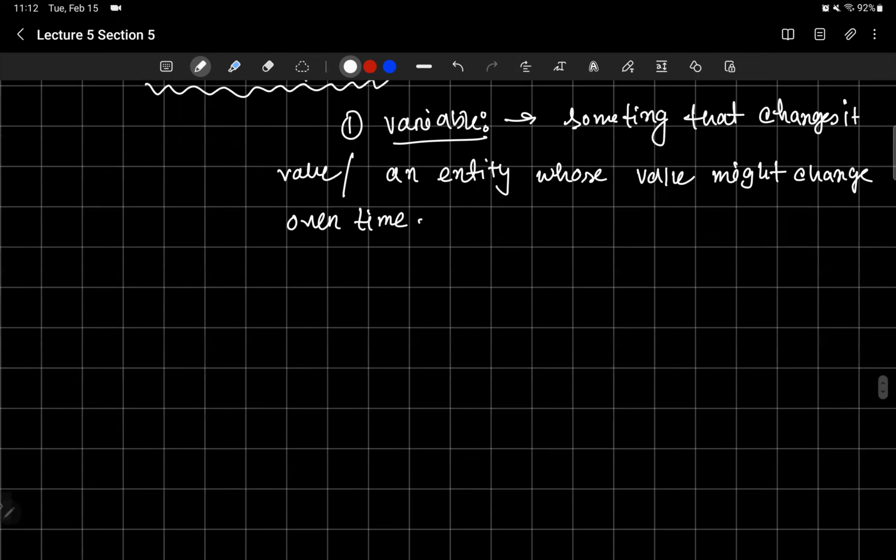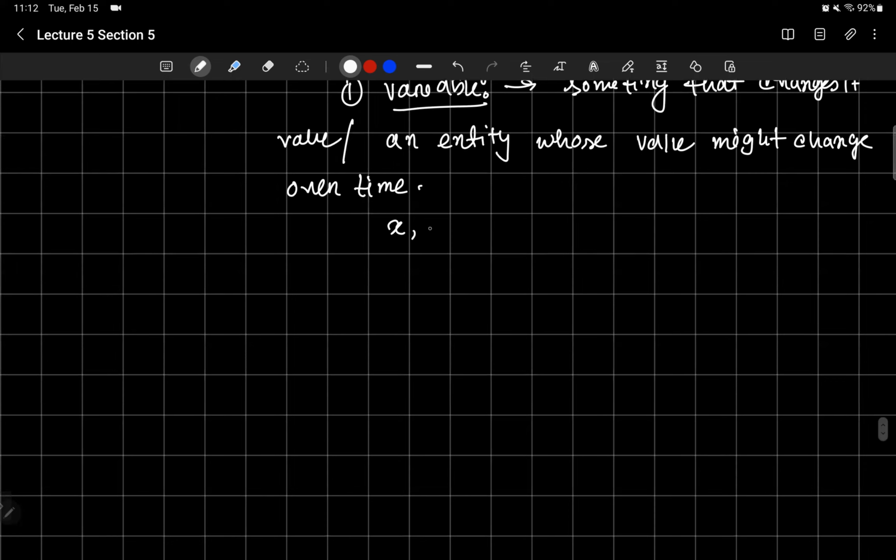And to denote the variables, we usually use symbols, let's say X, Y, Z, T, W, etc. We denote the variables by these symbols. Okay.